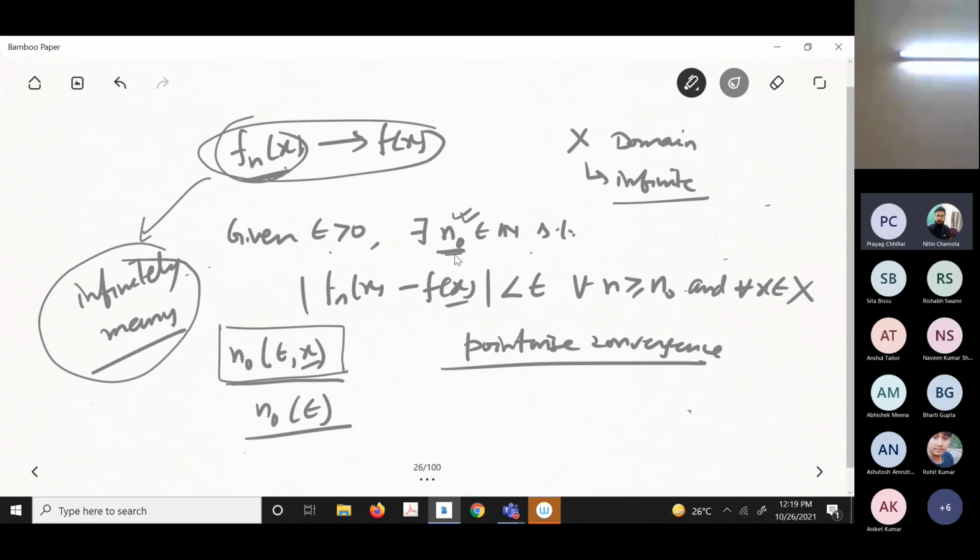That means this n naught only depends on epsilon, so it works for all x. Suppose it is possible. Then it is called uniform convergence.